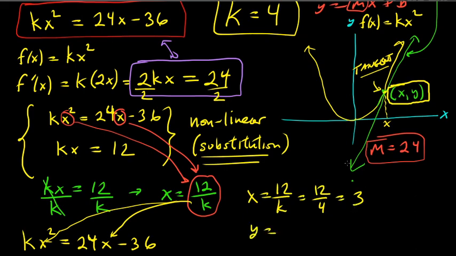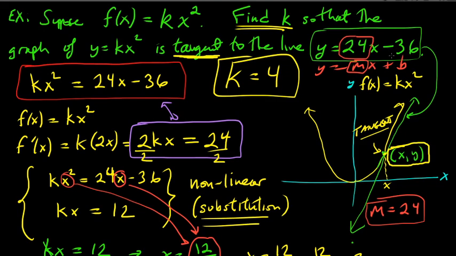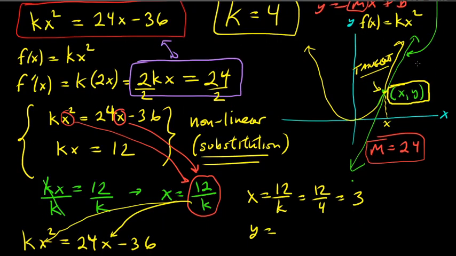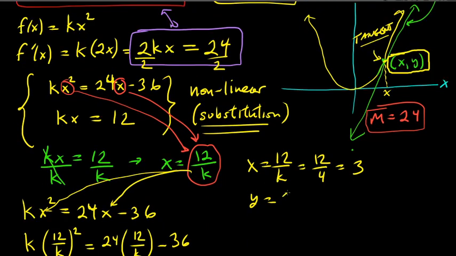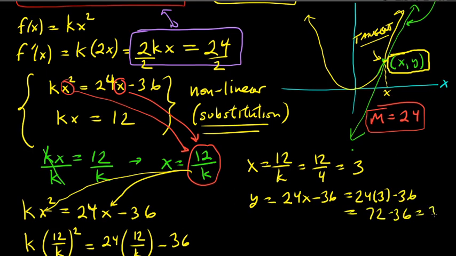And now what's y? Well, y is 24x minus 36 on the one hand. So this is going to be 24 times 3 minus 36. What is this? 72 minus 36, which I think is 36 on the one hand.